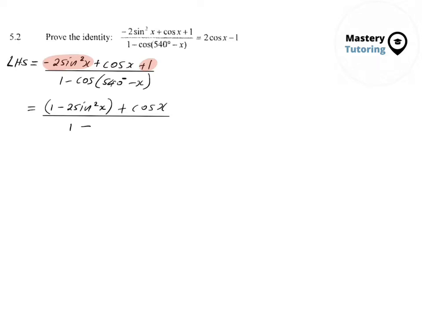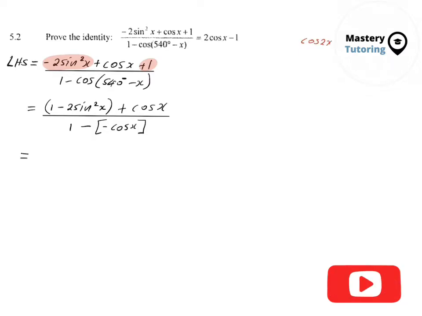Now, because cos is negative in the second quadrant, therefore we're going to have minus cos x. And then this is the same as... Now, the numerator, if you remember from your trig identities, or your double angle identities rather, cos 2x.